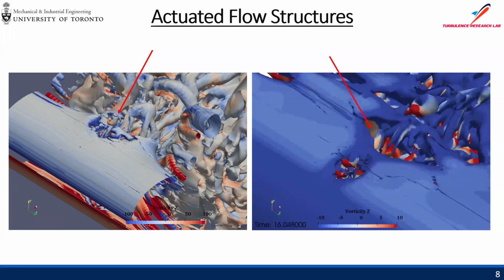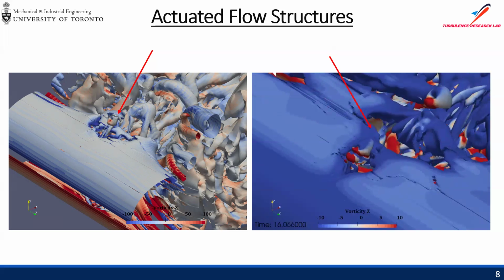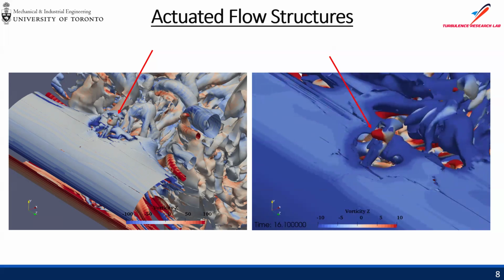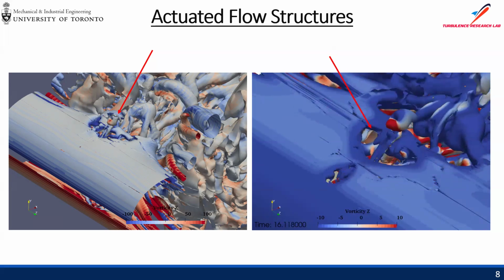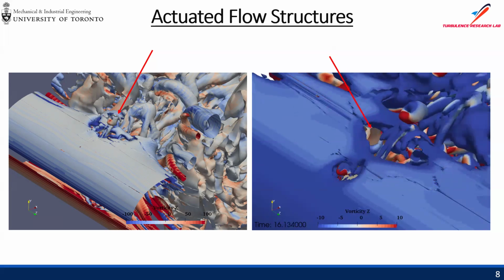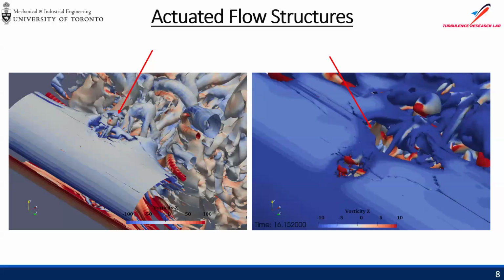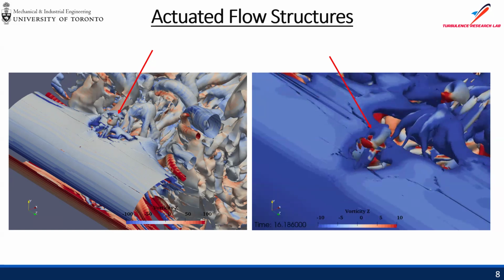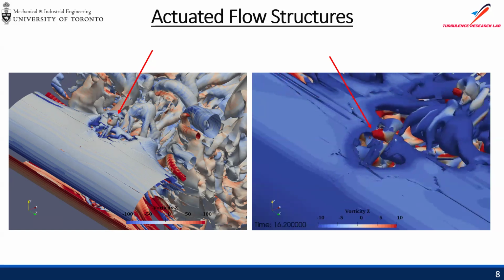Even though the cylinder diameter is 50 times the diameter of the SJ exit, the sole SJ actually has quite significant impact. You can see the vortex ring as it gets expelled, and then it creates almost like a ripple effect.